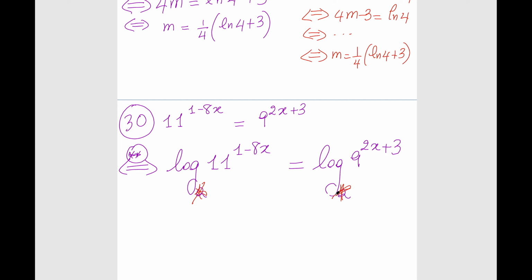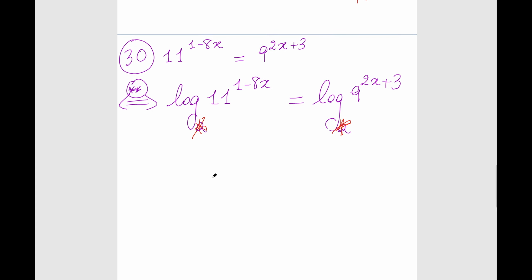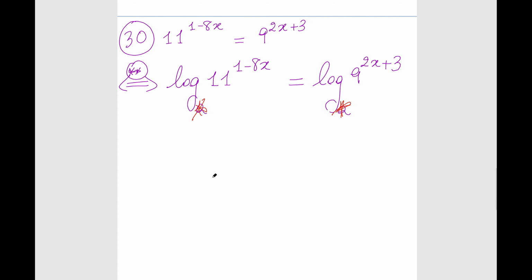And if we go with the base 9, these cancel each other, but these two do not. So it looks like there's no preference here. You can choose whatever you want. I'm going to choose base e. Again, there's no reason to prefer one in favor of the other. I'm just going to go with the natural base, e.